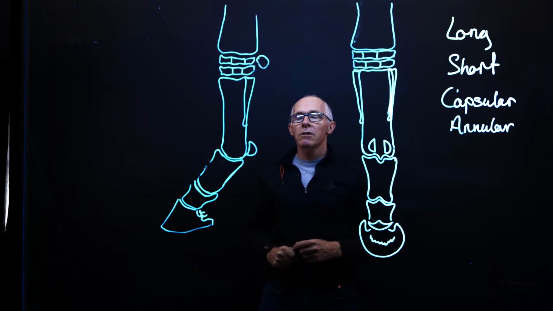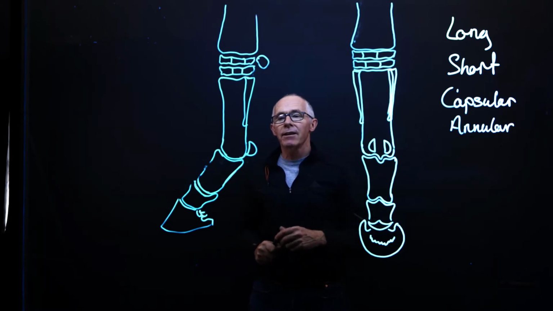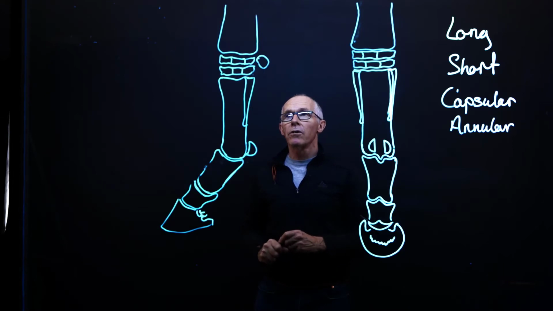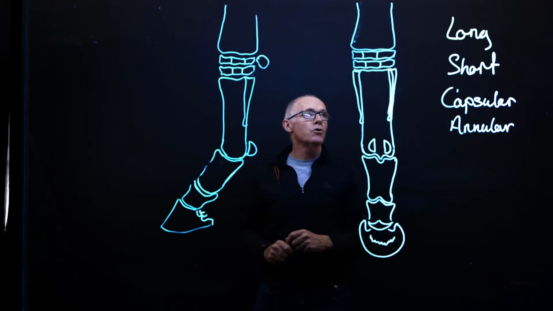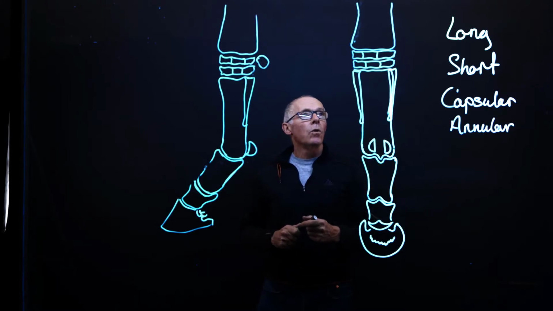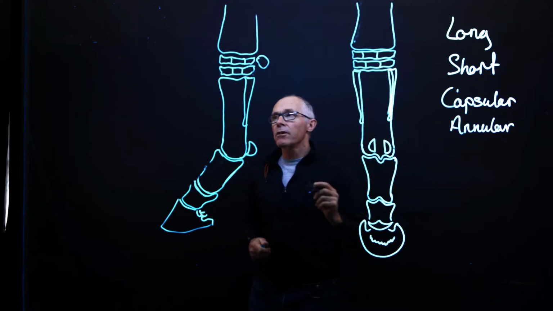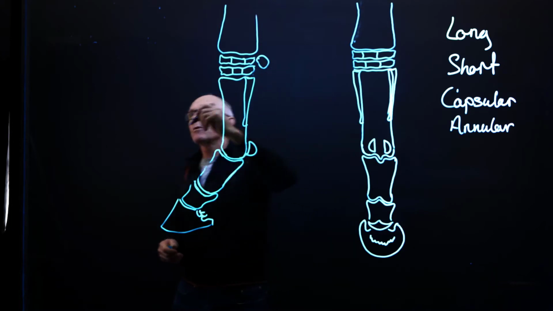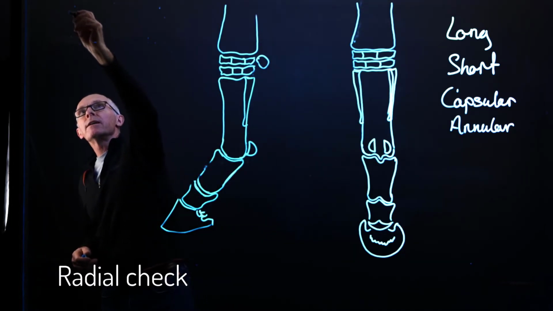We also need to consider some of the ligaments that either go across more than one joint or don't involve those joints at all. And those are primarily the long ligaments. So what ligaments fall into the category of being long? We'll begin with the most proximal, which will be the radial check.